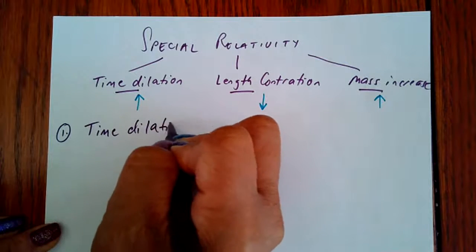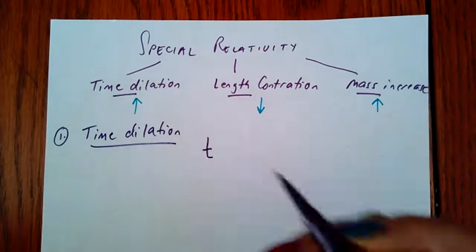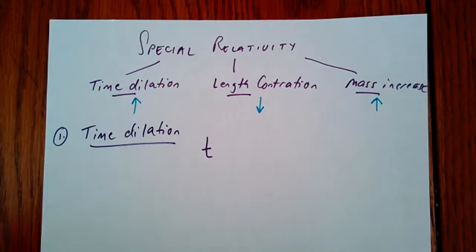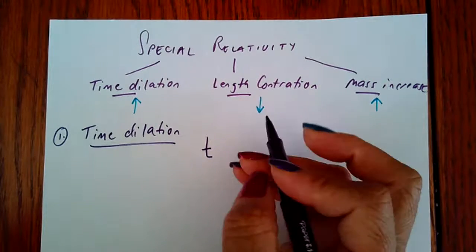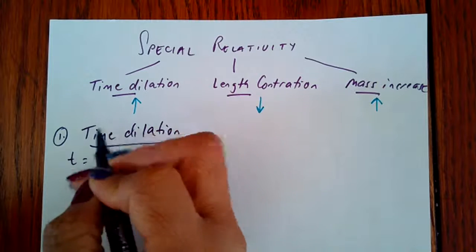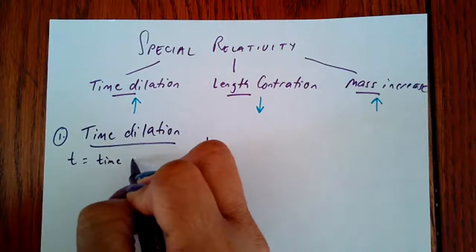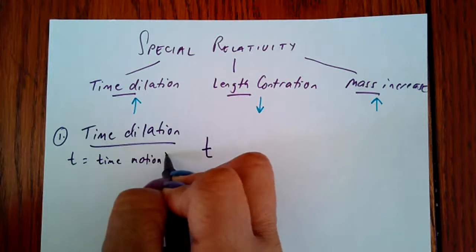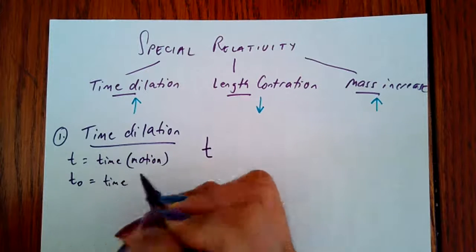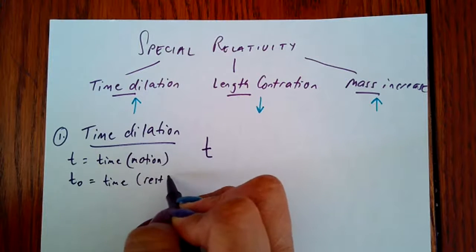So when you're traveling at high speeds, time changes or time is perceived differently. So we'll call that T, the time as perceived by the person moving, the time of the person in motion, and T naught is the time of the observer at rest.